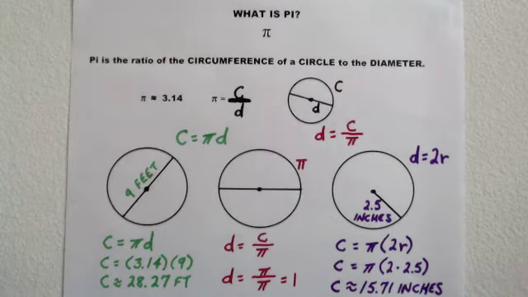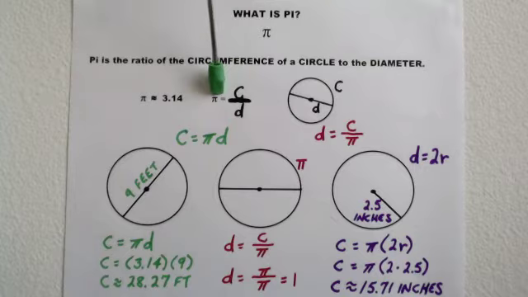Pi is not a variable like x or y. It does not have units on it. Units are things like feet, inches, gallons, something like that. It does not have units. It's an actual number, like the number 1 or the number 100 or the number 55. It's an actual number.